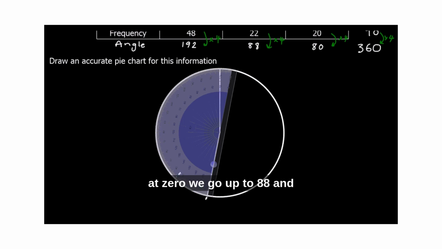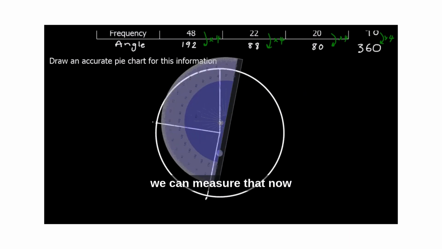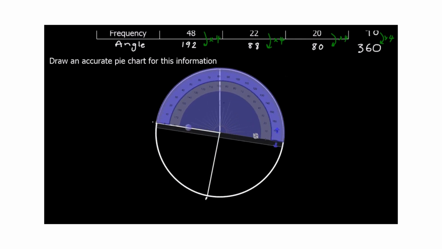So at 0, we go up to 88, and we get our ruler and we join that line up. Then we should have 80 degrees left, so we can measure that. And there we have 80 degrees left.